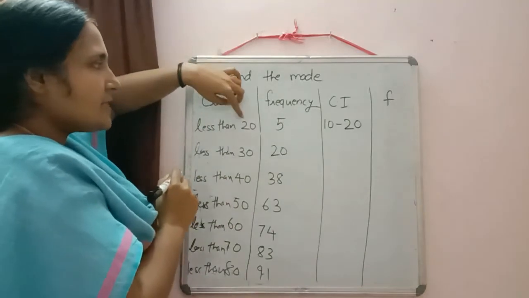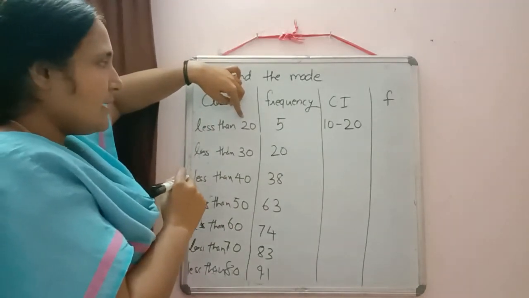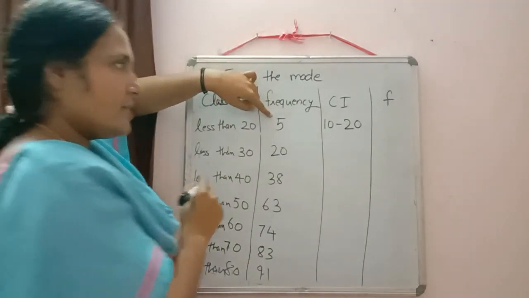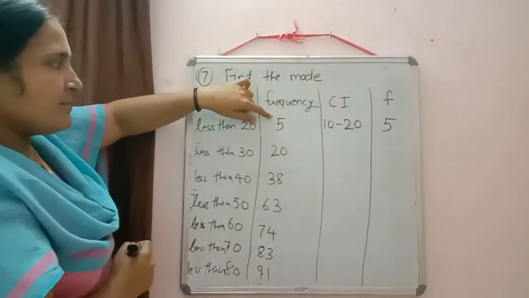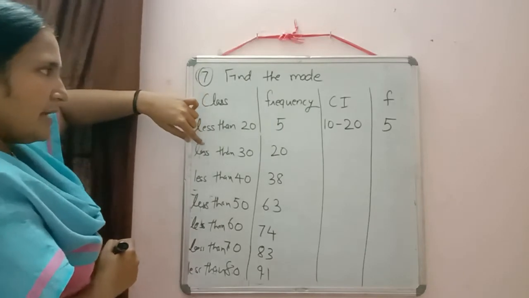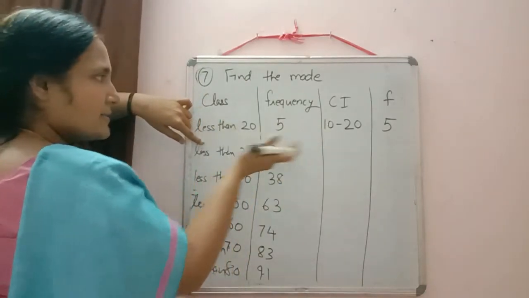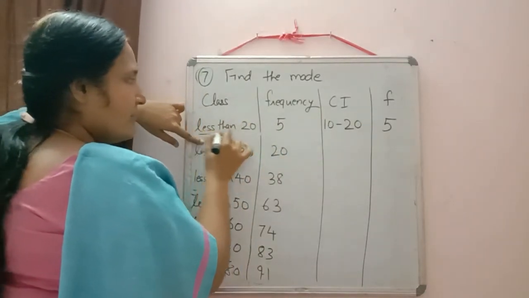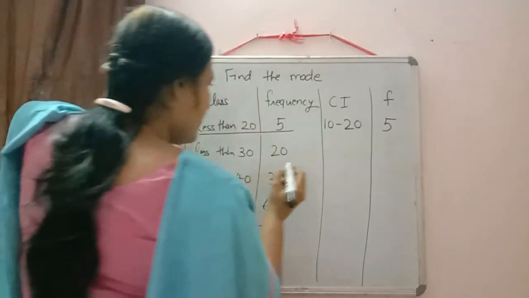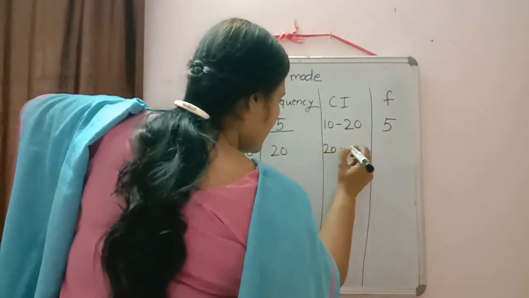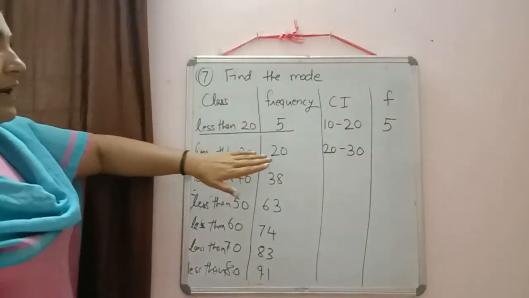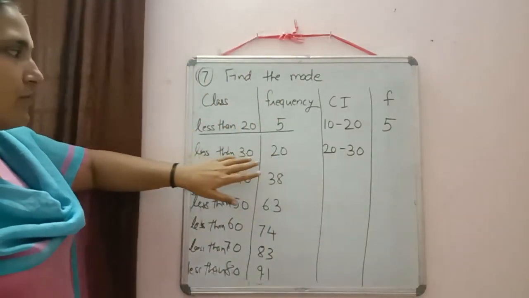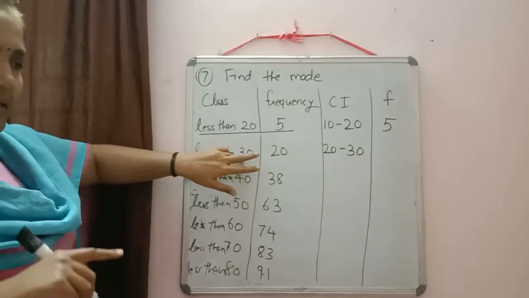How many students are there whose marks is less than 20? 5 students are there. So for the first one we will write the frequency as it is, 5. Now next class interval will be 20 to 30. Total 20 students are there whose marks is less than 30.